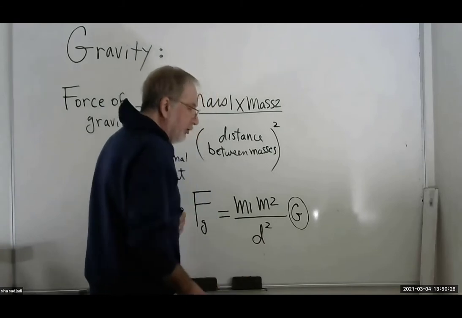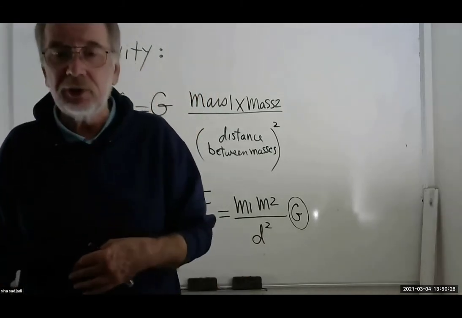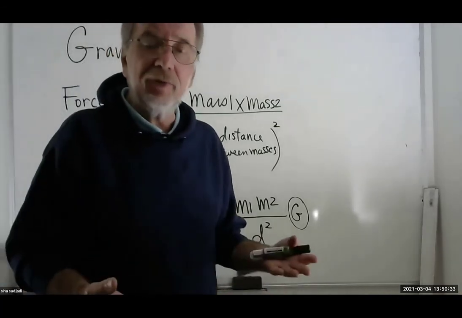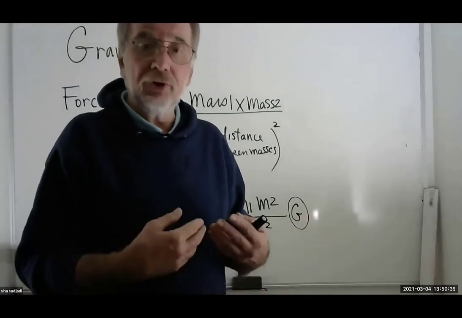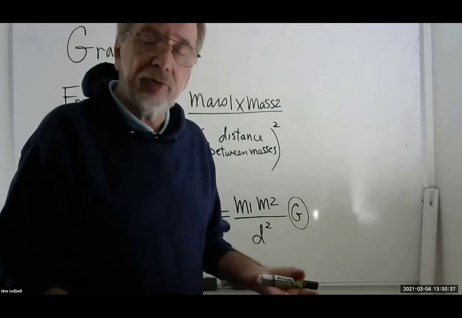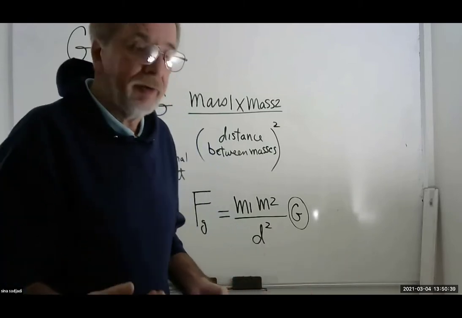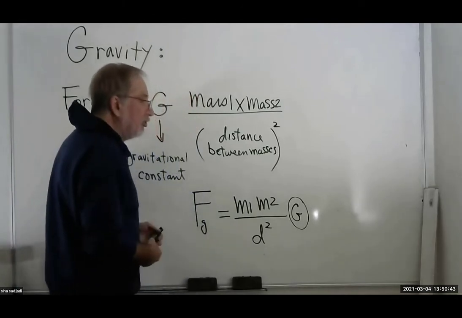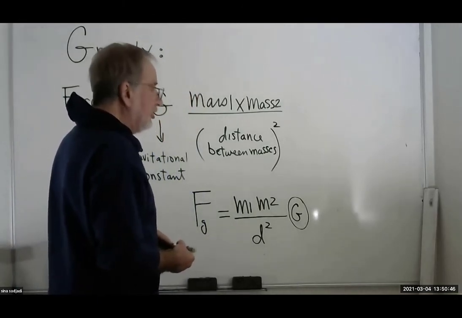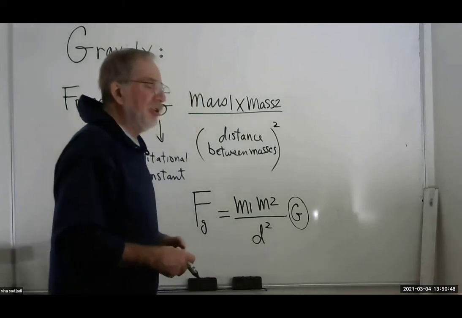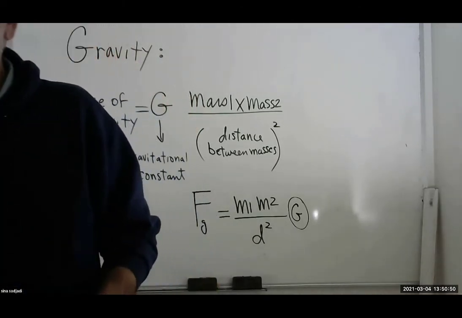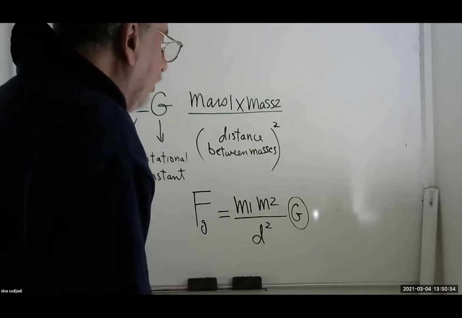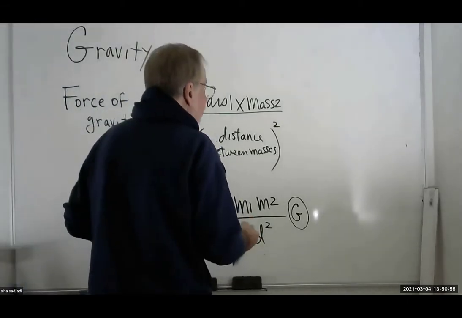Now, what about the distance? Well, the distance is also important. If you get far from the moon, I don't feel so much gravitational force. The closer I get, the more gravitational force I experience. However, it's not directly related. This is an inverse square of distance, which means if the distance increases, force of gravity decreases with the square of that distance.